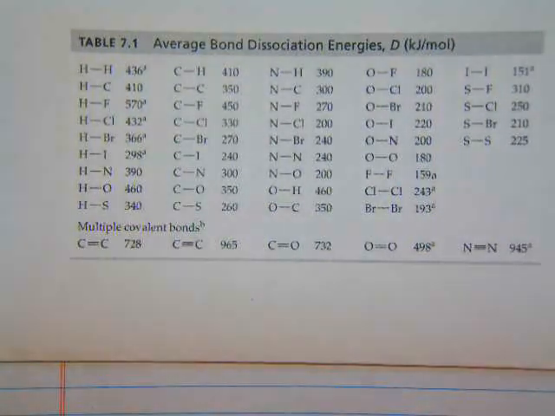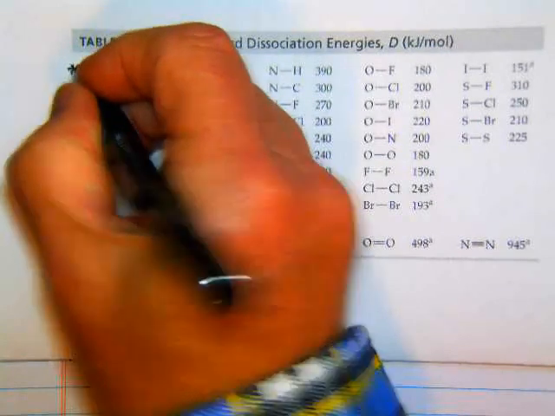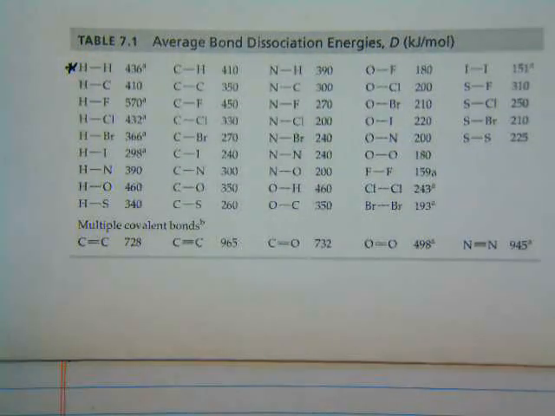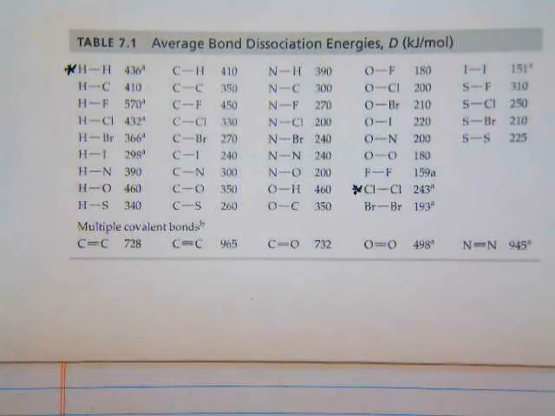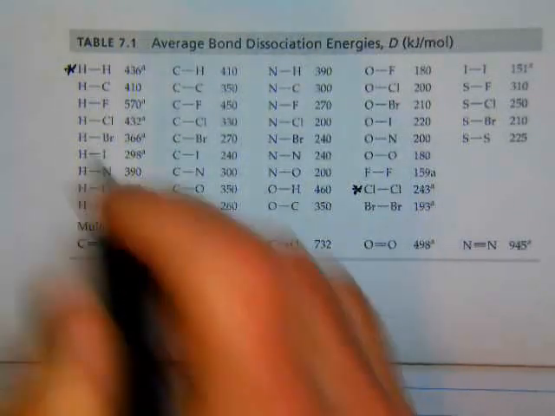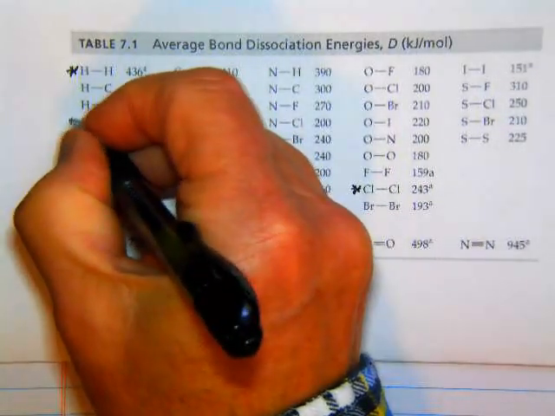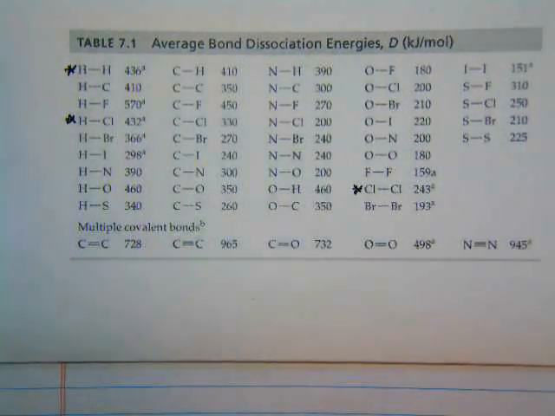We're definitely going to need a hydrogen-hydrogen bond, and we also have a chlorine-chlorine bond, which we find down over here. And the one that is being formed is the HCl, which is here.